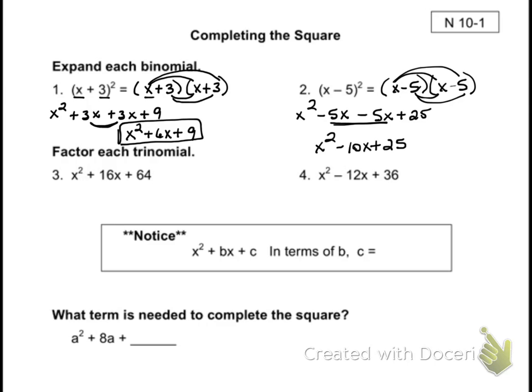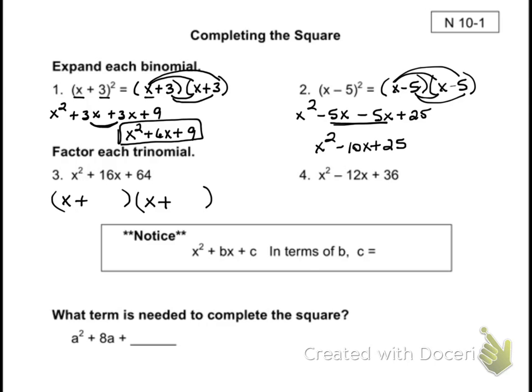So then we're going to go to factoring, which is what we've actually been doing in this unit. And so when we factor these binomials, we can factor it mentally because the first term is an x. And we know that both of them are going to be plus because there's two plus signs there.